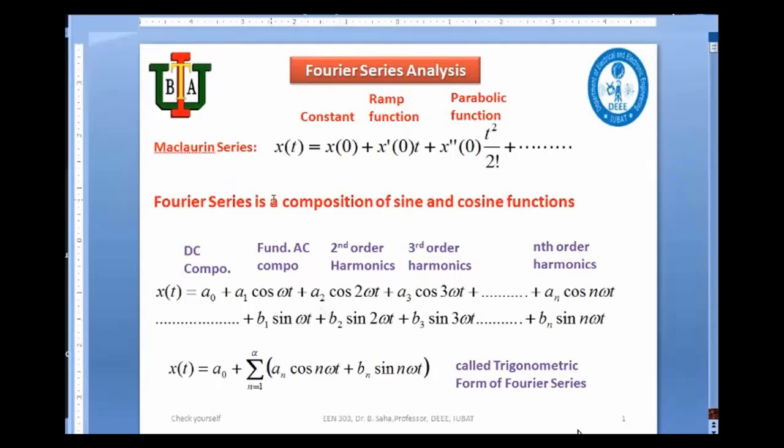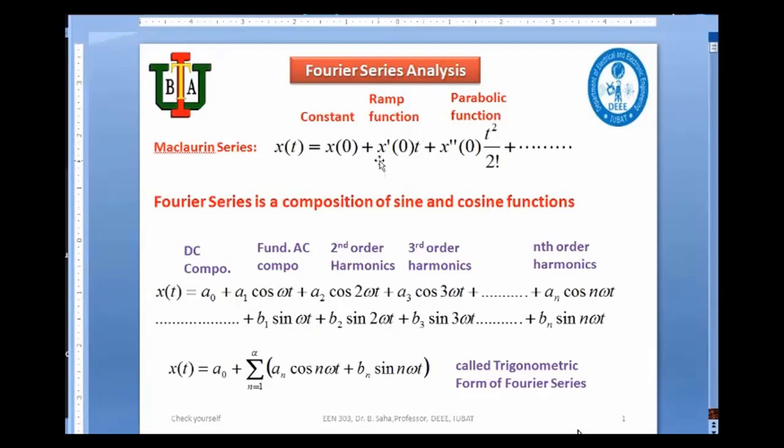So, the difference between Maclaurin series and Fourier series: they can represent something in different ways. In Maclaurin series, a series can define a combination of terms, but in case of Fourier series, it is defined based on sine and cosine, nothing else.